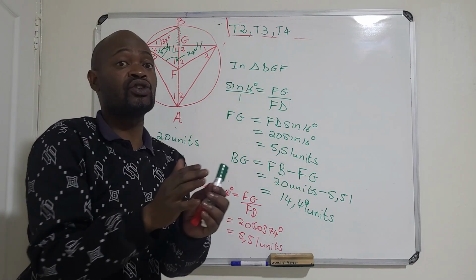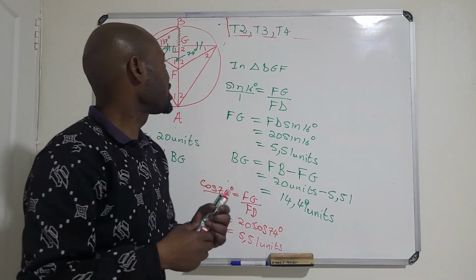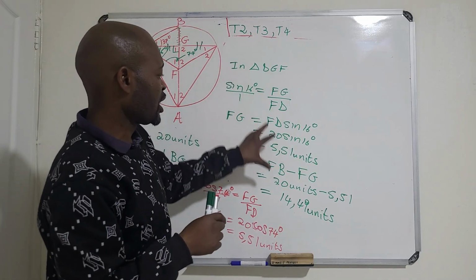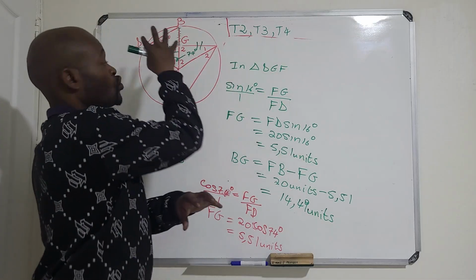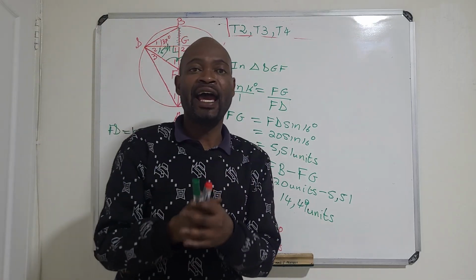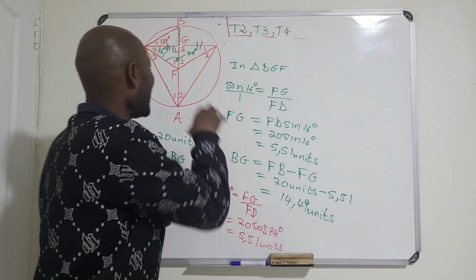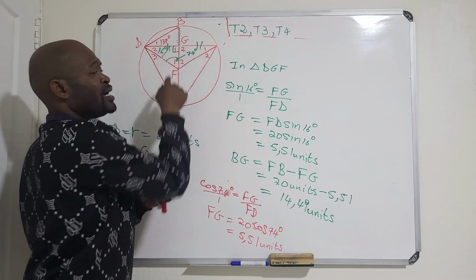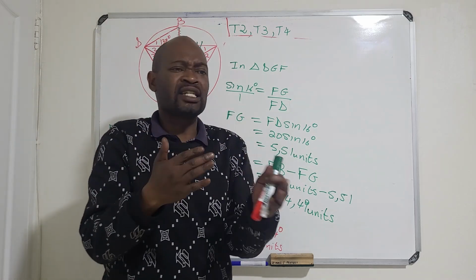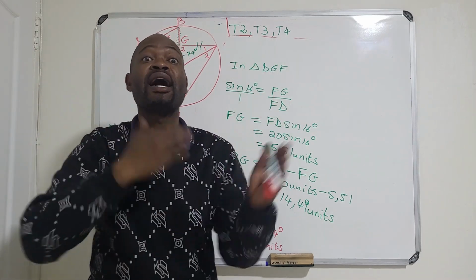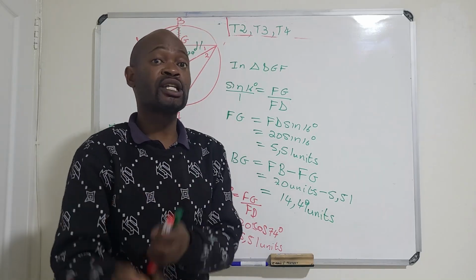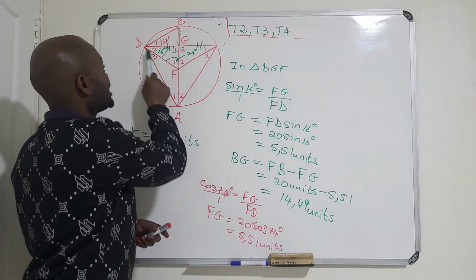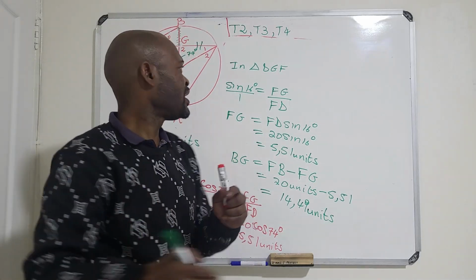I'm going to show you that trigonometric ratios sometimes do not work in a geometric problem. Here it worked because in our right-angled triangle the sides are properly defined.